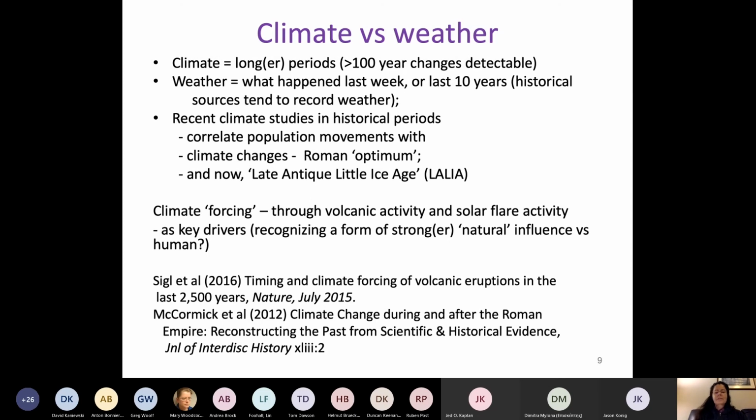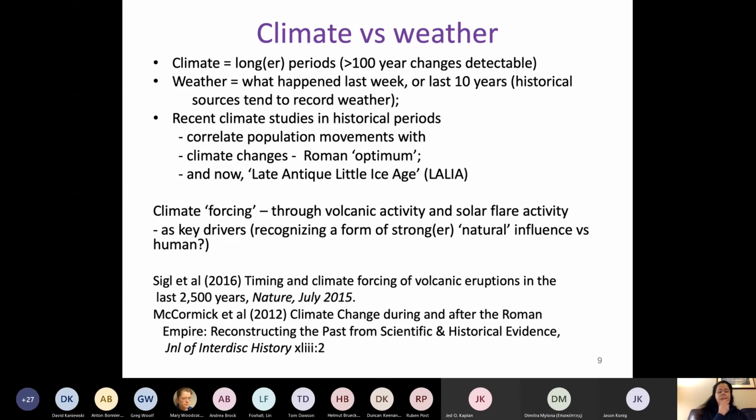One of the things that's very interesting to me now is how much it seems that volcanic activity, and we know that solar flares change things as well, but volcanic activity in particular, if it's a decent eruption, the ash from that will block out the sunlight for quite a number of years, perhaps several years or even up to 10.